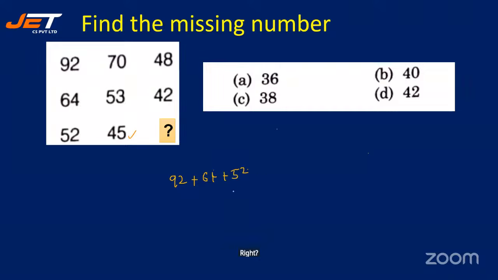So let's see what you're getting. 4, 5, 6, 6 plus 2, 8. So it should be 208. See the second column, 70 plus 53 plus 45. So, okay, 168. Now, similarly, 48 plus 42 plus blank.